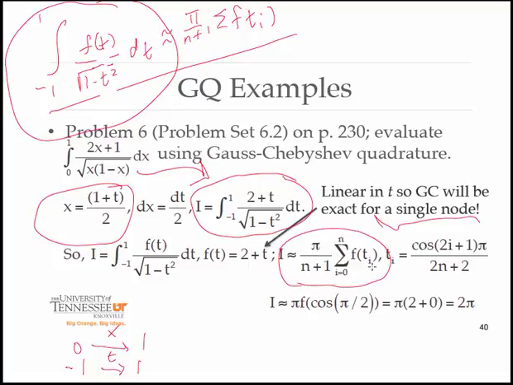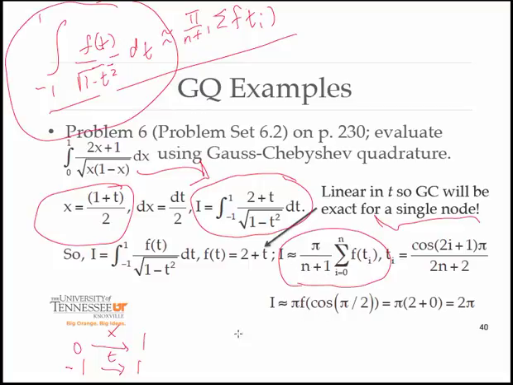And in that case, you can see when i is equal to 0, you're just going to have cosine of pi over 2, and then the weight will be appropriately applied as pi over... excuse me, let me say it again. So if it's a one-node rule, n is 0, so it's just going to be pi.